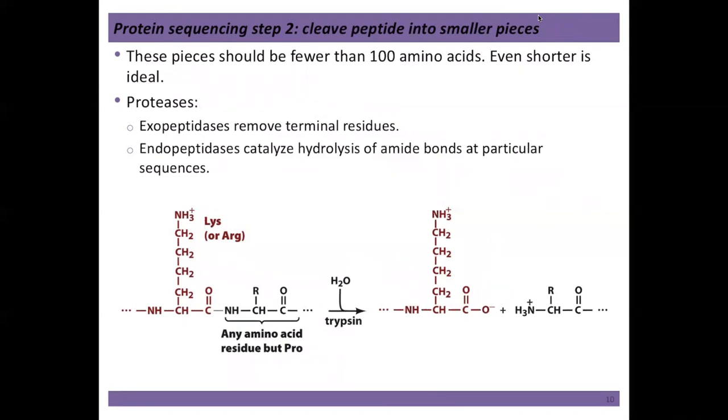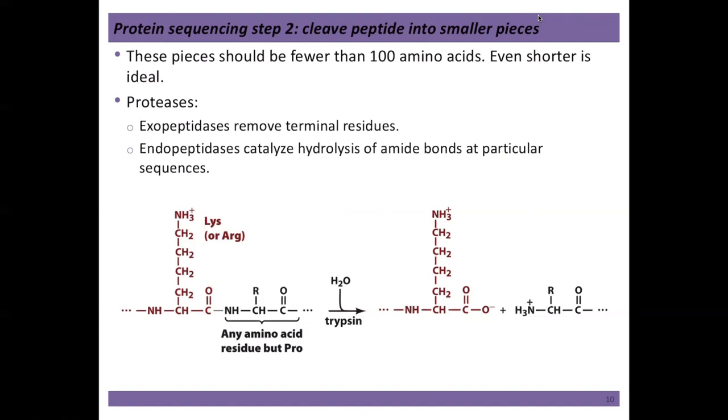And so there are enzymes that cleave peptides at specific spots. There are exopeptidases that actually remove terminal residues, so they start chomping on the end and work their way in. And then there's endopeptidases, and they catalyze the hydrolysis of amide bonds.